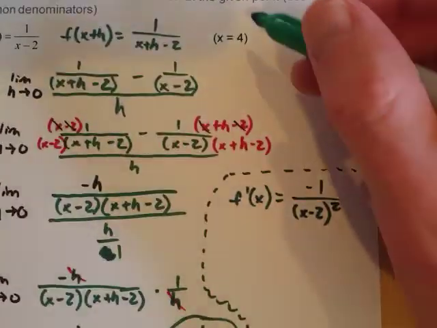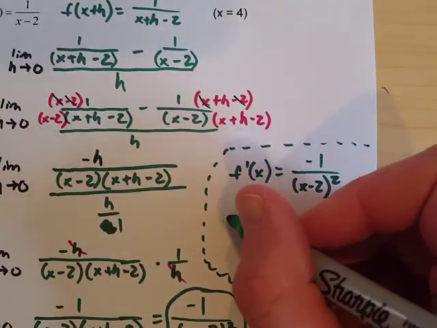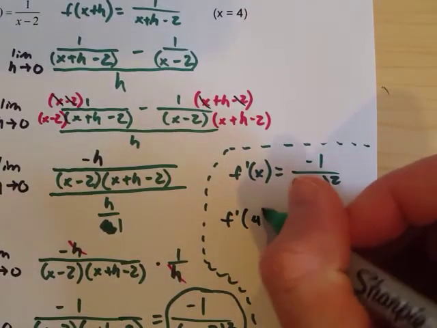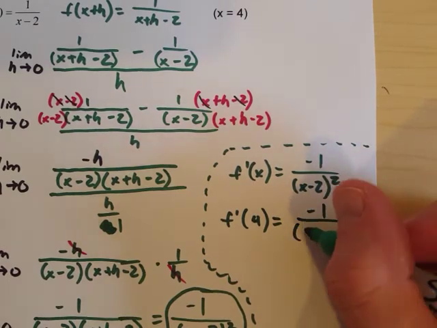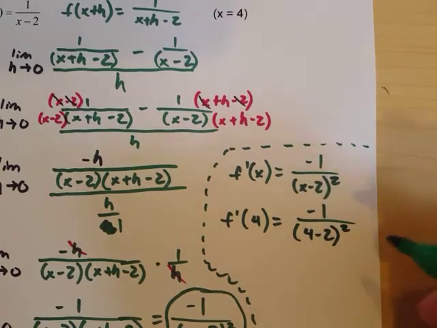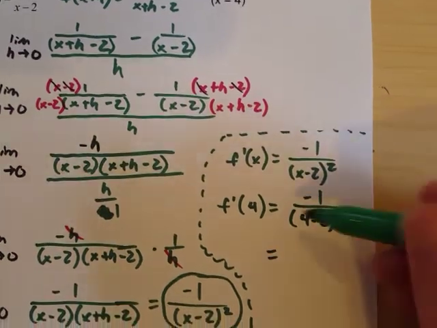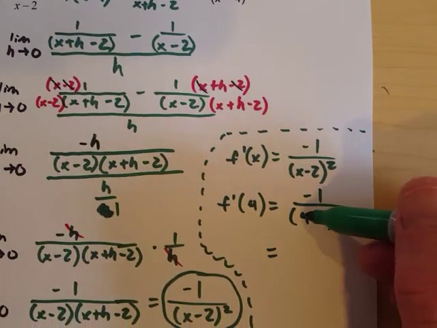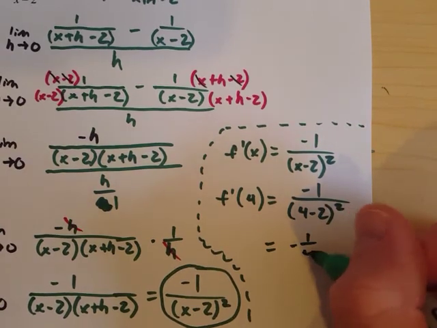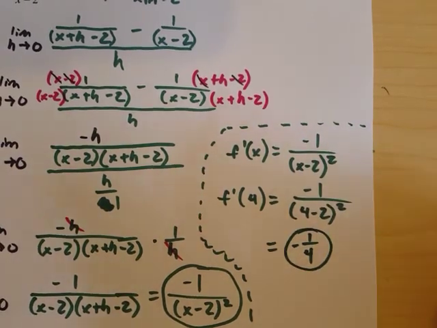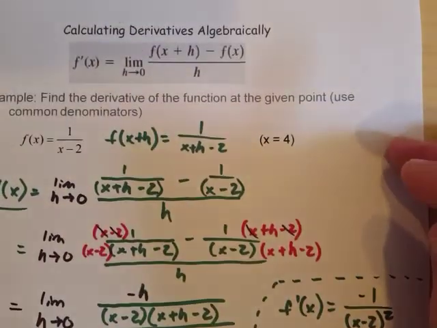And so we want to find it at x equals 4. So f prime of 4 equals negative 1 over 4 minus 2 squared, which is equal to negative 1 over 2 squared. So negative 1/4 is going to be our final slope, our derivative, at the point x equals 4 in this case.